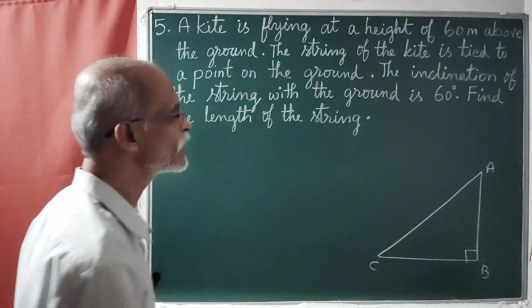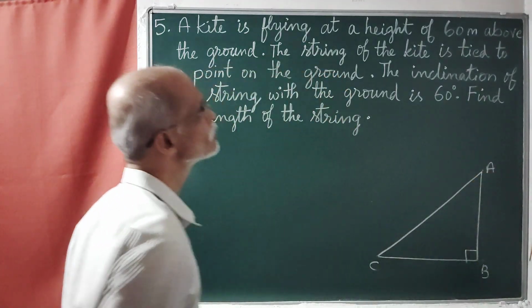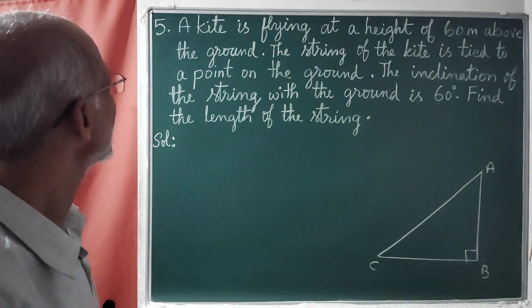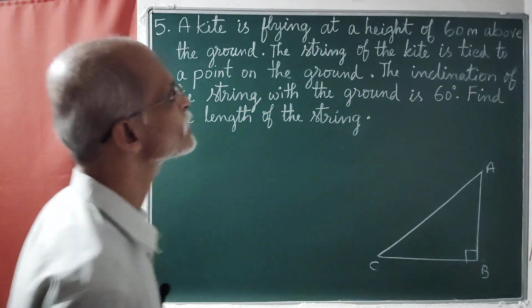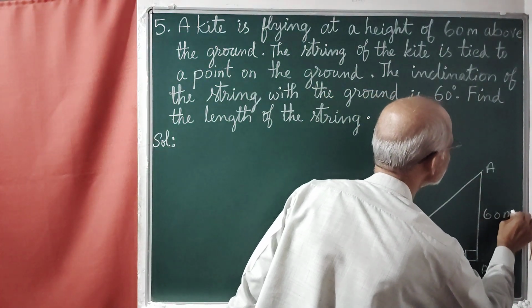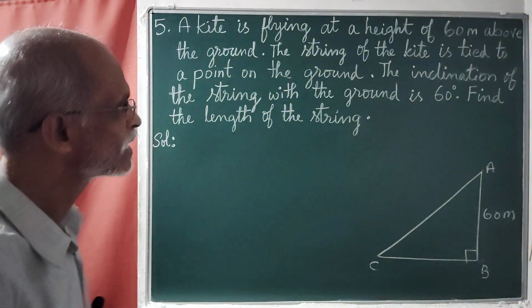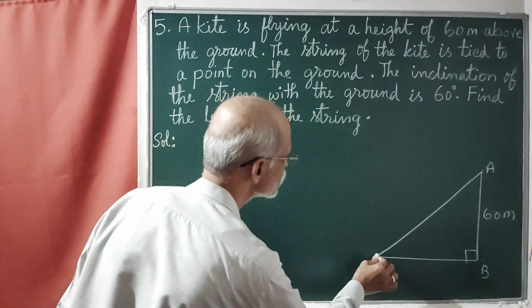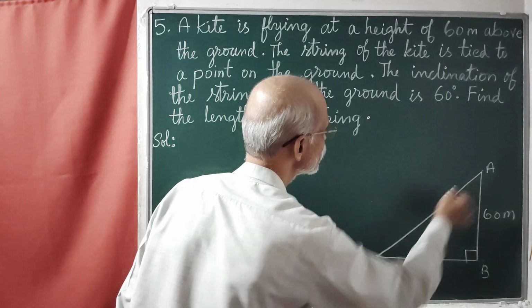Now, let the kite be at A. The kite is flying at a height of 60 meters above the ground. So, it is 60 meters. And let the string be tied at point C. So, AC is the string of the kite.